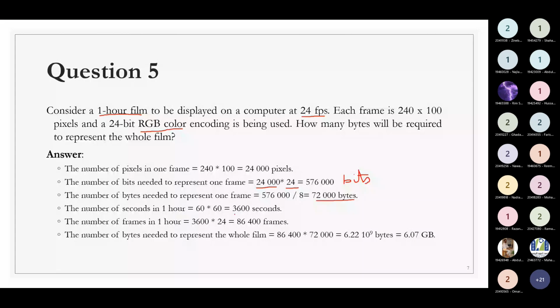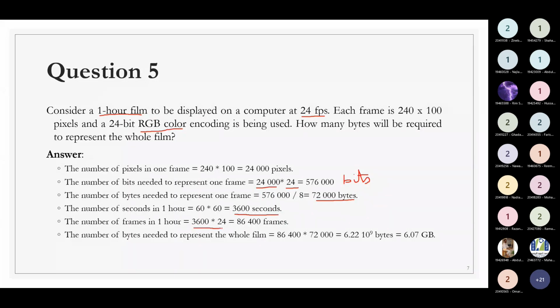So the number of frames in 1 hour will be the time multiplied by the speed, the rate in frames per second. To calculate the number of frames, we need to multiply the rate by the time.